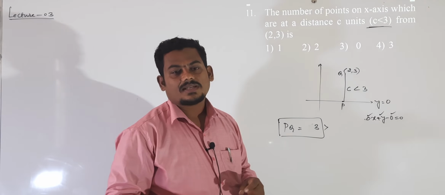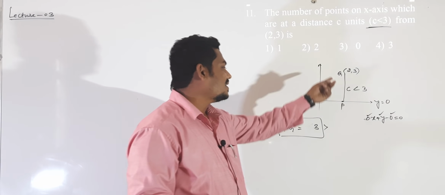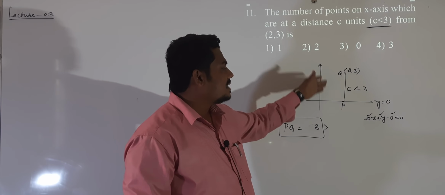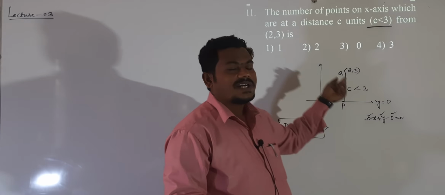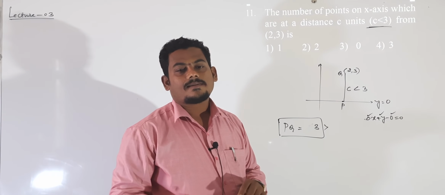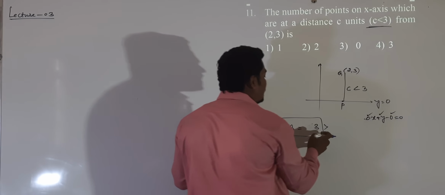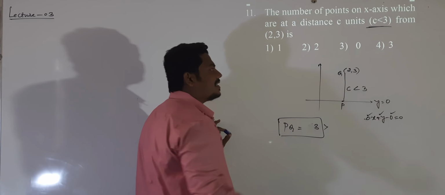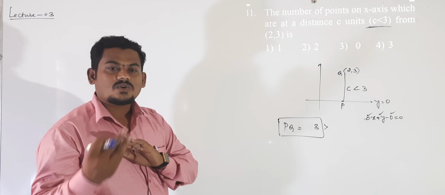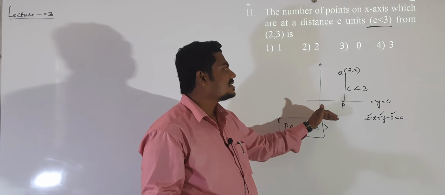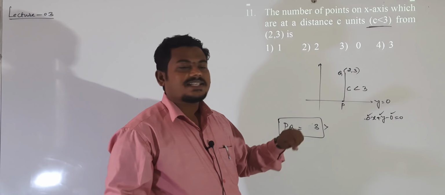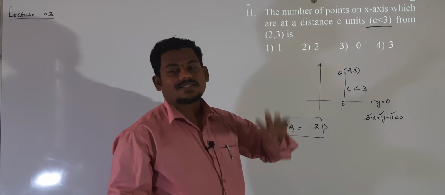We can't select any point on the x-axis. The minimum distance is 3. For that reason there is no point on the x-axis whose distance from the given point is less than 3.